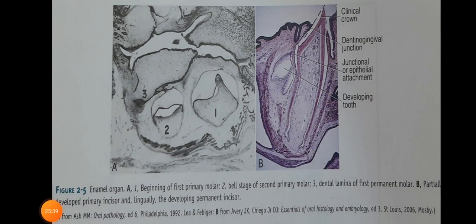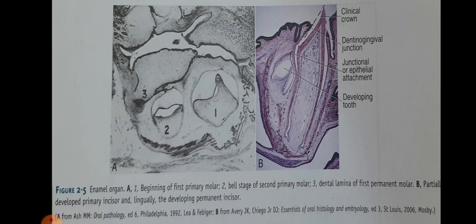Some of the primary or deciduous teeth are undergoing resorption while the roots of others are still forming.